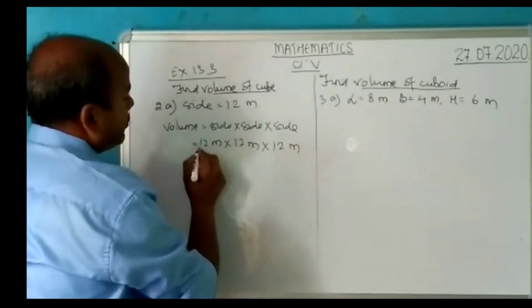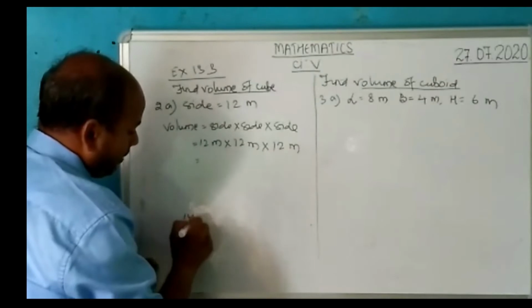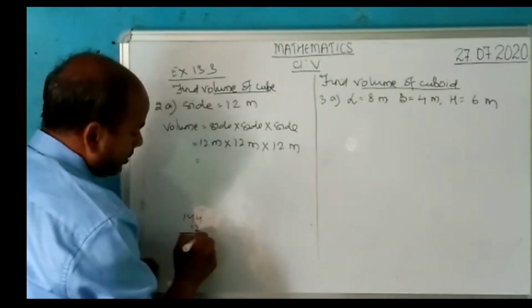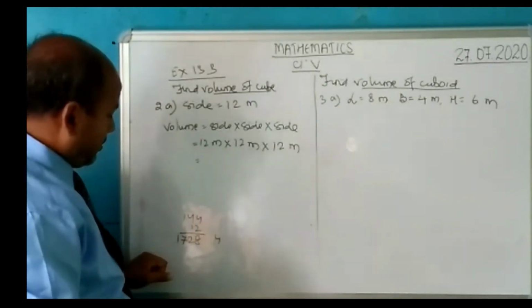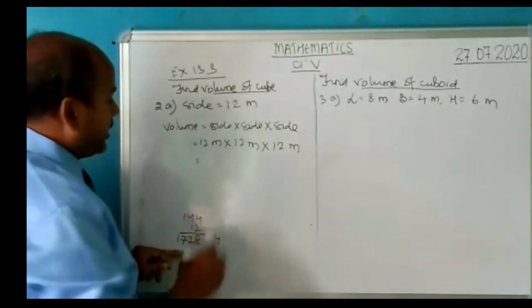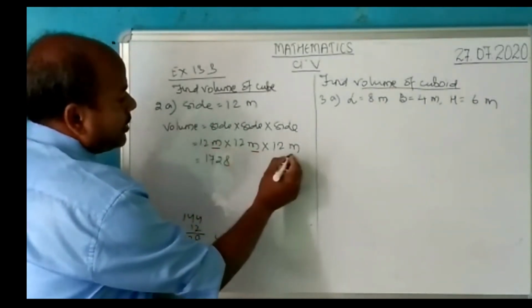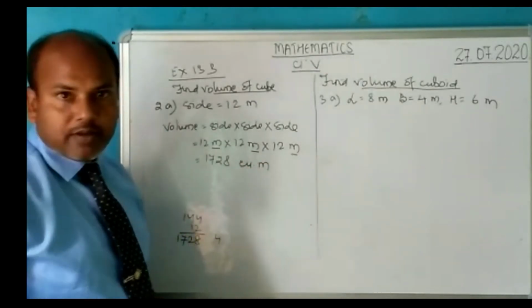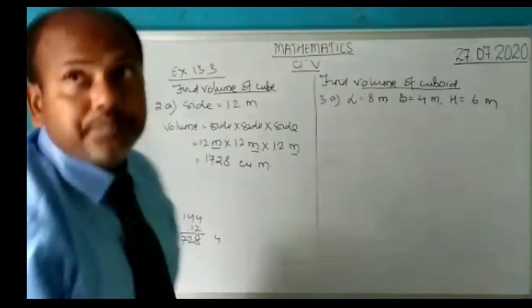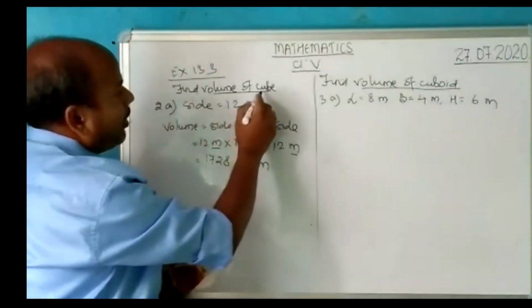So 12 into 12 is 144, 144 into 12 is 1728. 1728 meter into meter into meter is cubic meter. That means meter 3 times. So this is the volume of a cube.